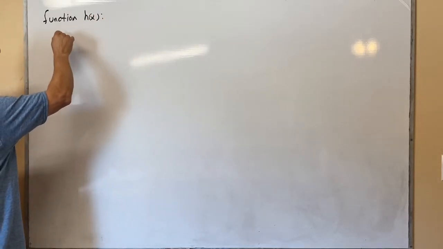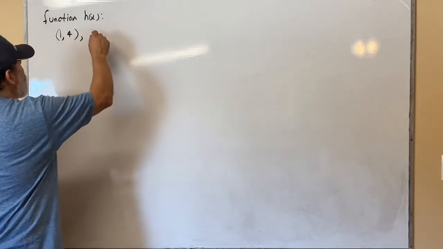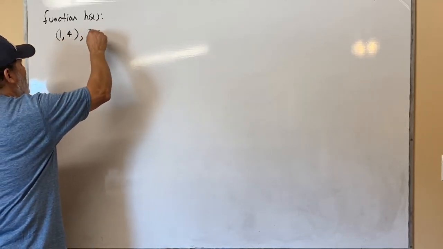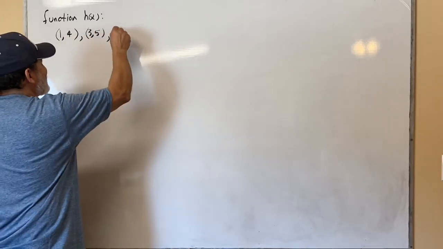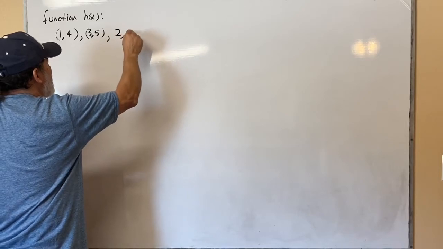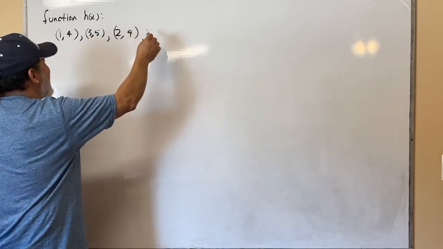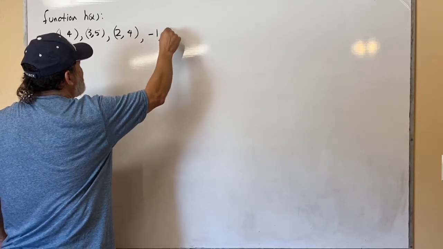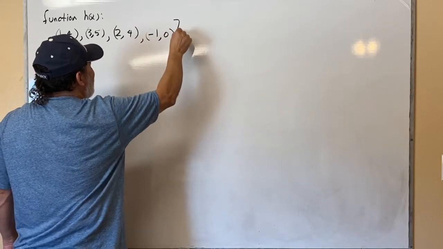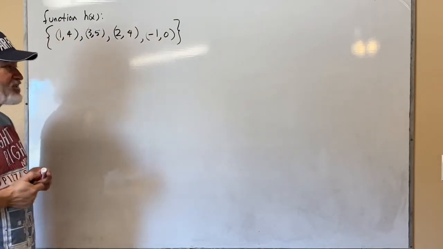I have to give you ordered pairs. 1 is paired with 4. 3 is paired with 5. 2 is paired with 4. And -1 is paired with 0. This is a function. Yes, it is.